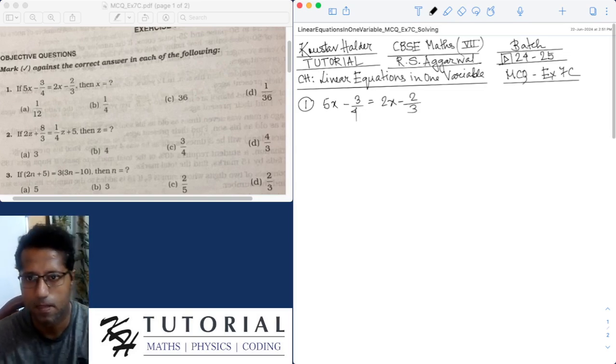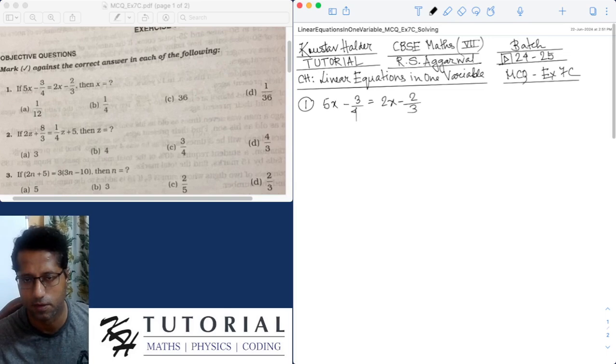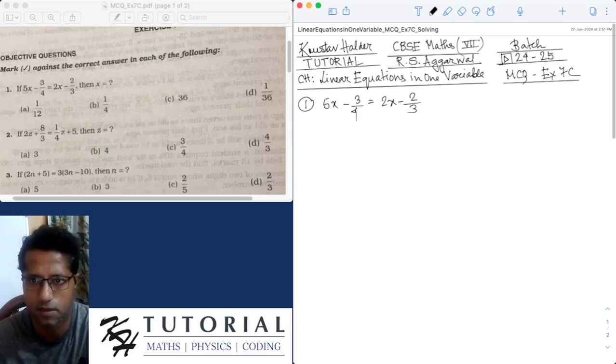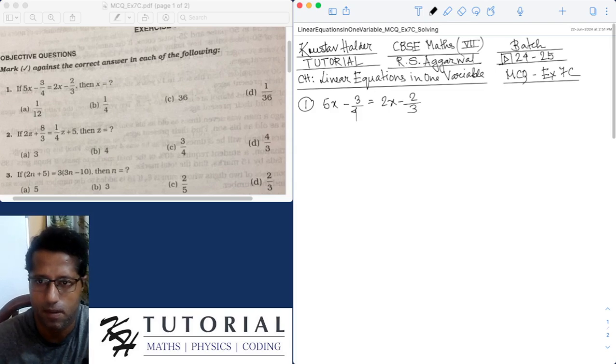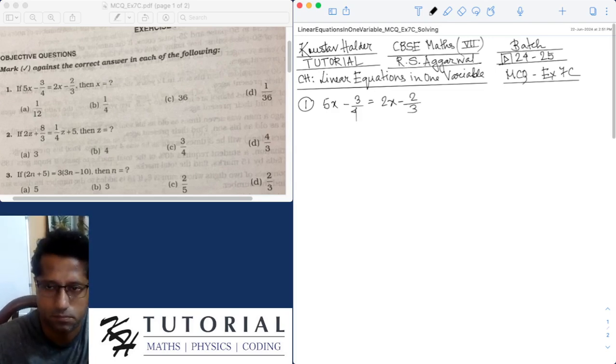Now I see the coefficients of the variable terms 5x and 2x are integers, so I can easily add or subtract them. But the constant term in the LHS is minus 3 by 4, and the constant term in the RHS is minus 2 by 3. So I will have to do the addition and subtraction of that.